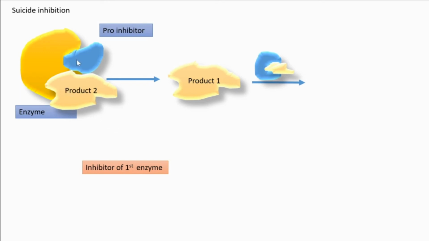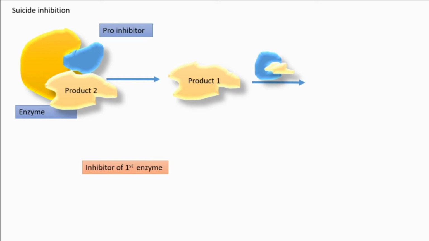Understand? Once more, the enzyme is there, the pro-inhibitor comes and binds, and that substrate gets converted into a product. Then that product is acted upon by another enzyme and gets converted to another form. And that intermediate acts as an inhibitor of the first enzyme.